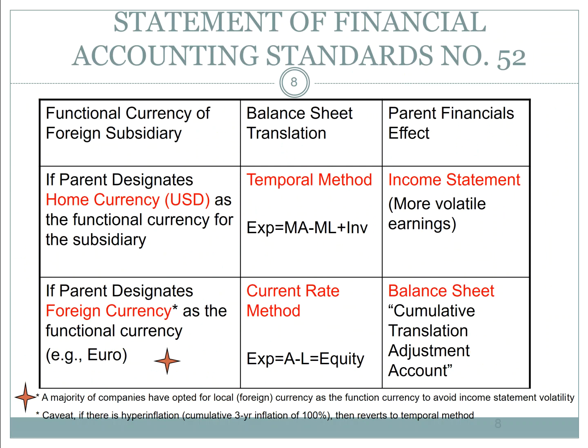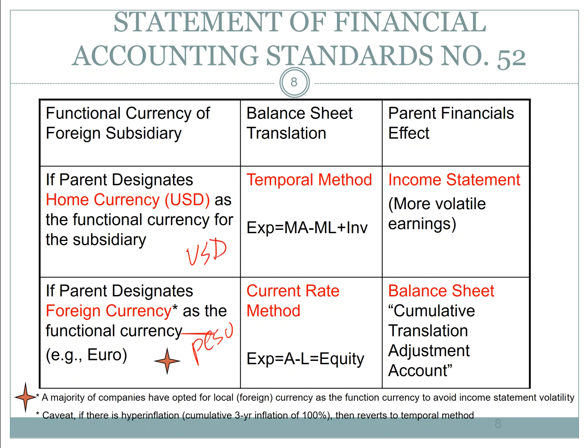FASB 52 says every firm for all its subsidiaries has to designate a functional currency. So for example, if Zapata is a Mexican subsidiary of a US multinational firm, the US firm needs to either specify that the dollar or the peso is the functional currency.